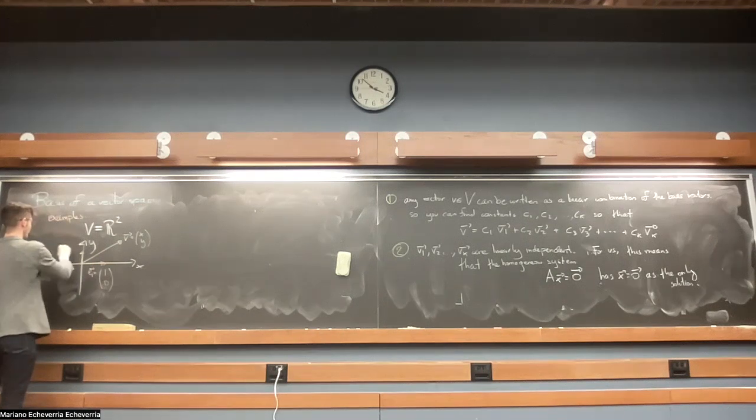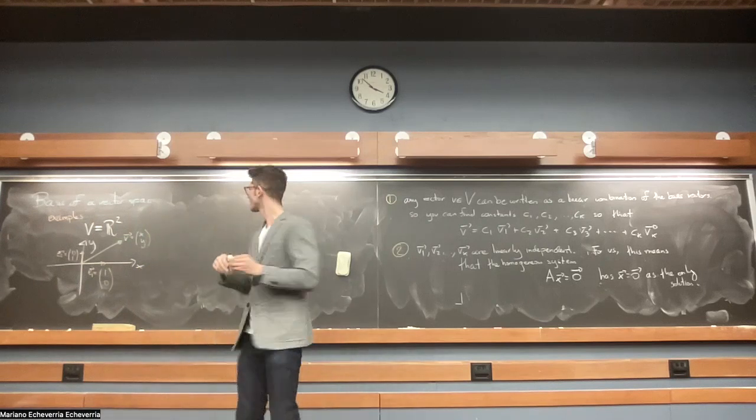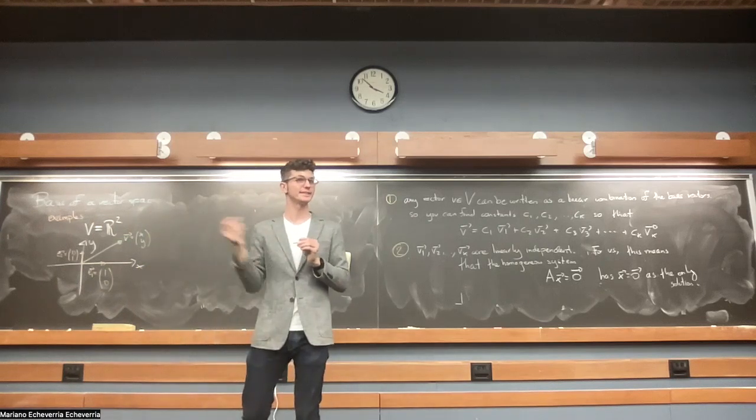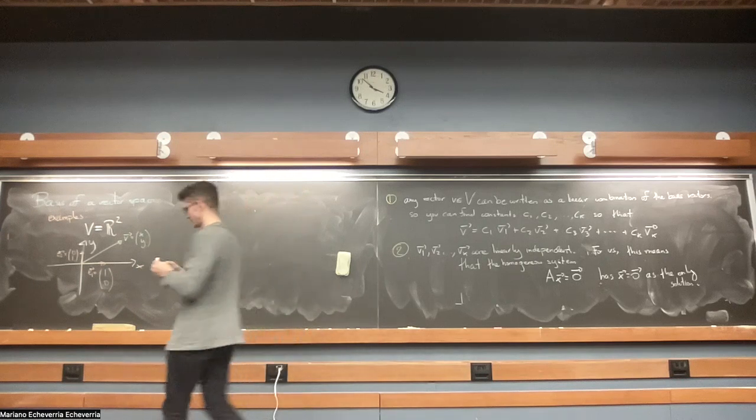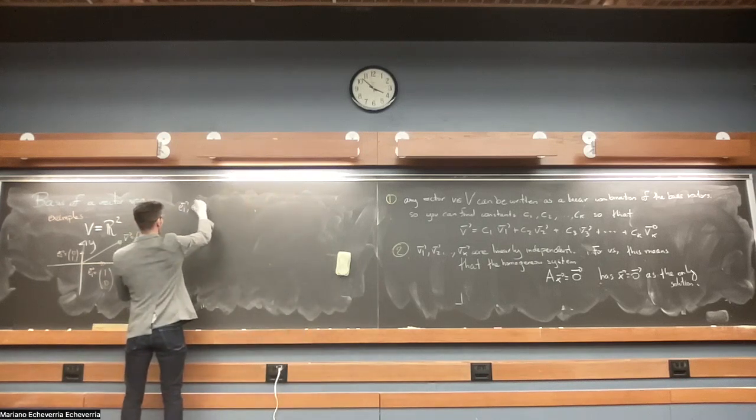And this vector, which I had called E2 before. So my claim is that E1, E2 make a basis for this vector space R2. So E1, E2 form a basis.